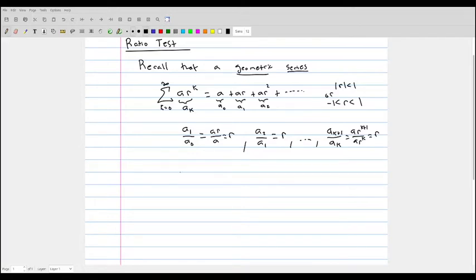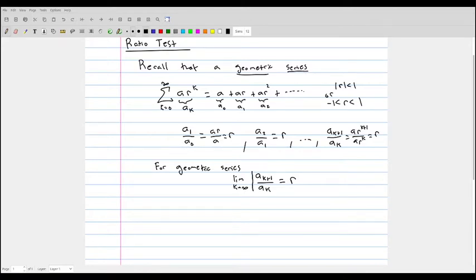So what this means is that for the geometric series, the limit as k goes to infinity of the ratio of subsequent terms in the series is just equal to r.